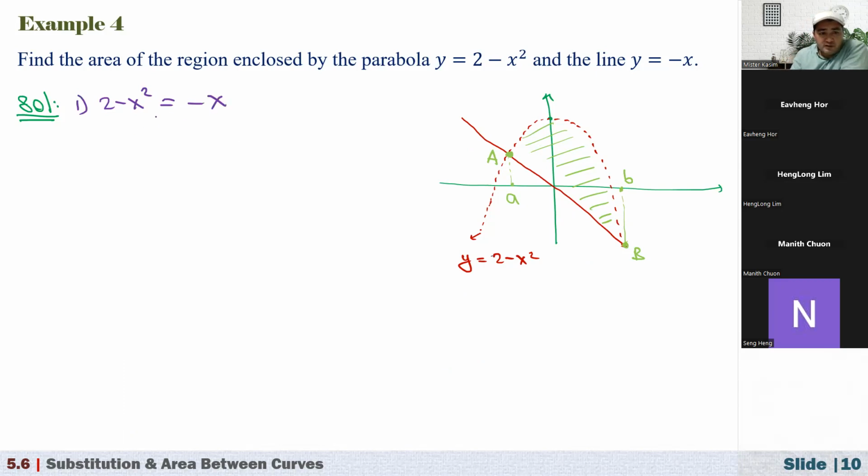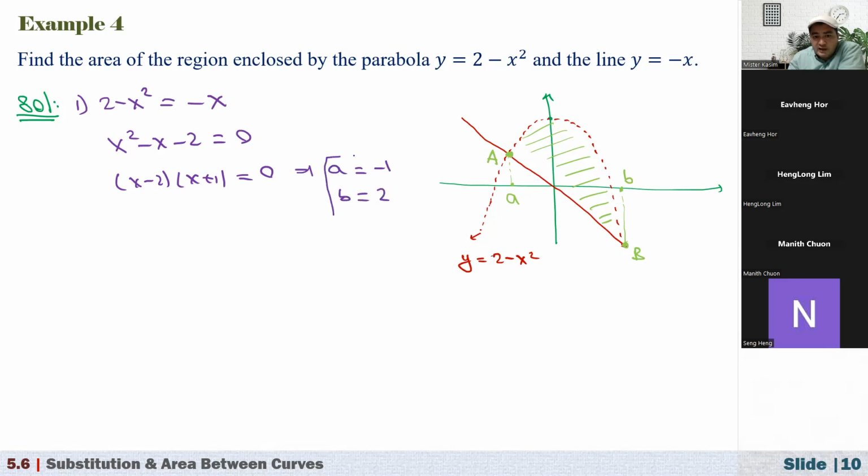Move everything to the right hand side: x squared minus x minus 2 equals 0. Factorize: x minus 2 times x plus 1 equals 0. So a equals negative 1 and b equals 2. The x coordinates of the intersection points of these two curves are negative 1 and 2.